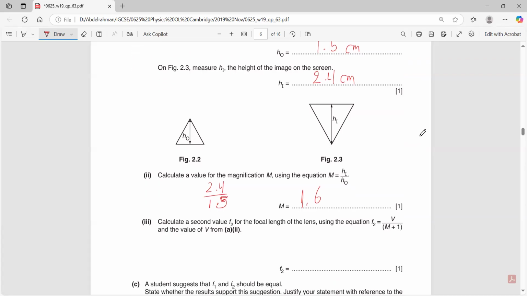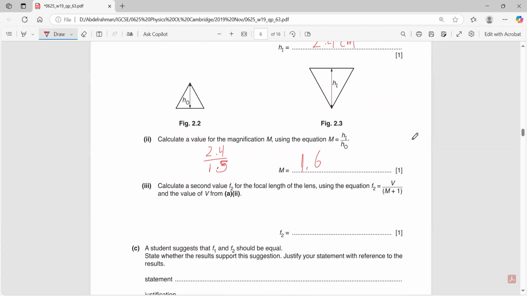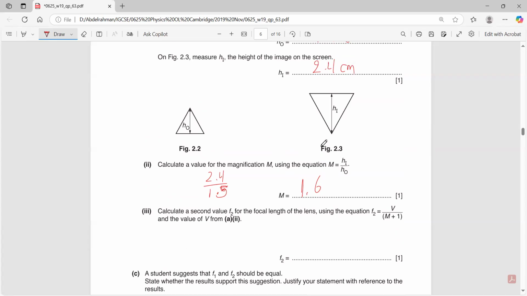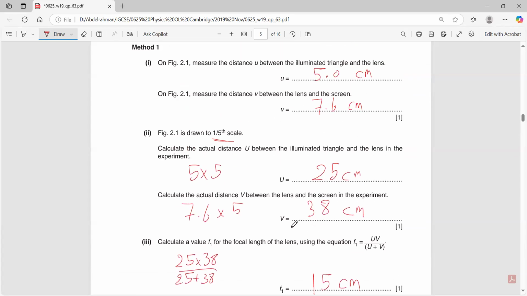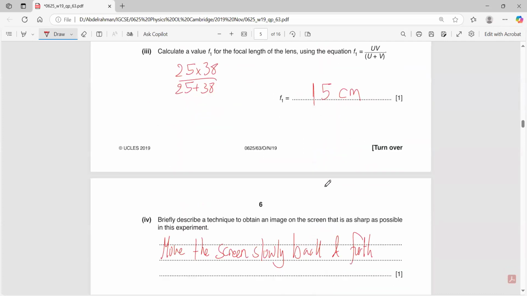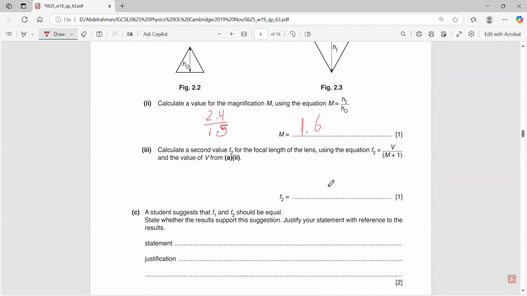Can I find the second value, f2, for the focal length, using v over m plus 1? What was v? The value from part A2. So v is 38, divided by 1.6 plus 1.